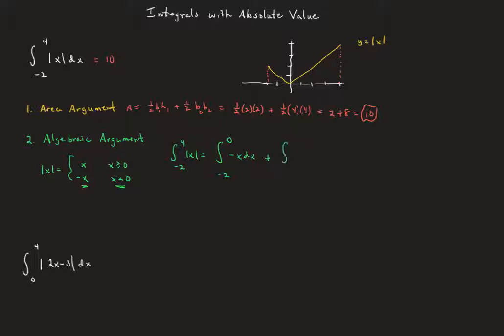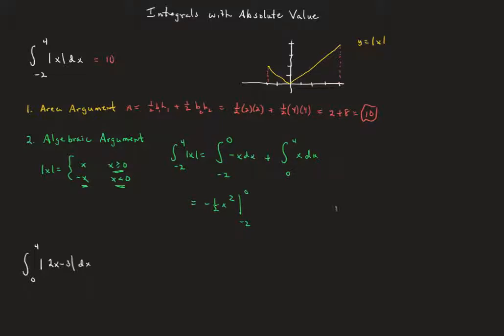Then on the interval from 0 to 4, where our x values are positive, we will integrate x dx. And so, doing our power rule, the integral of x is going to be add 1 to the exponent and multiply by the reciprocal of the new exponent.